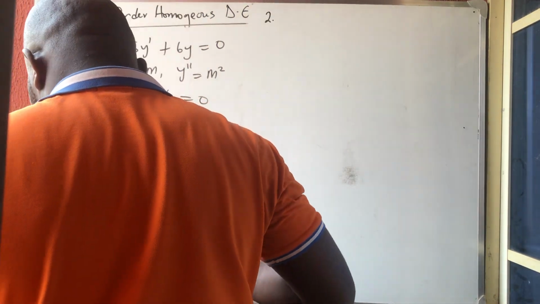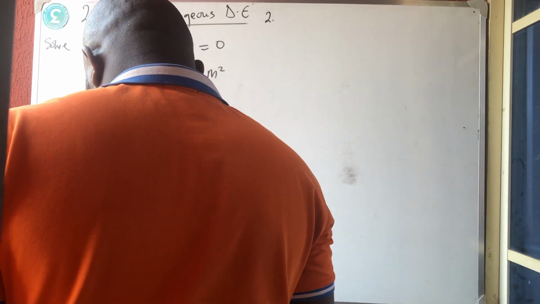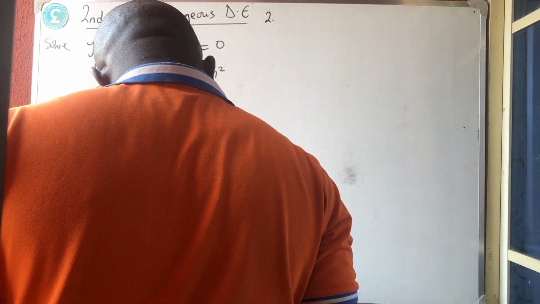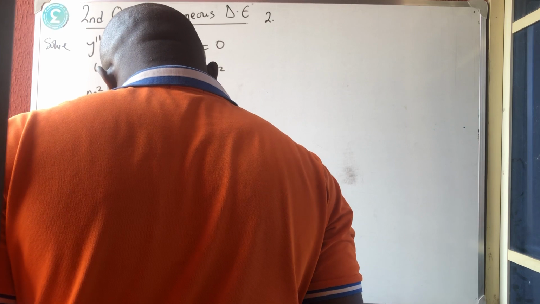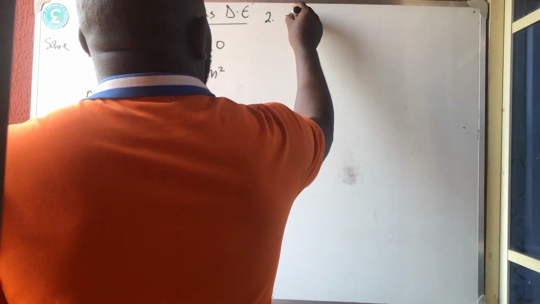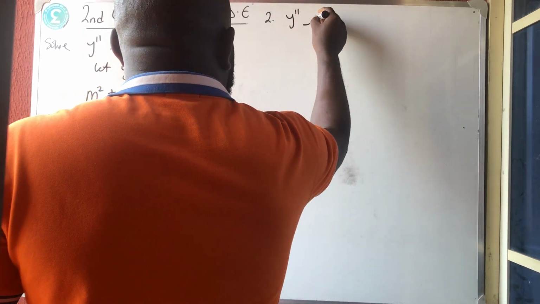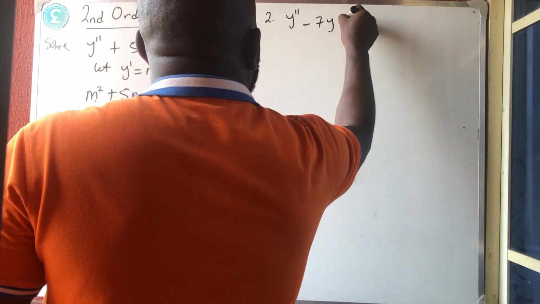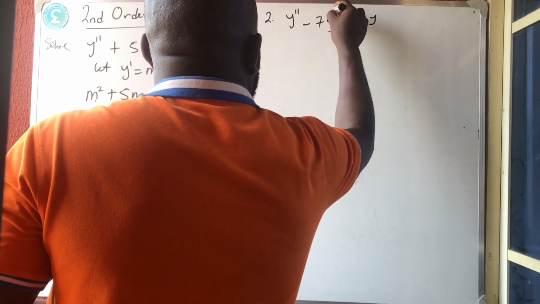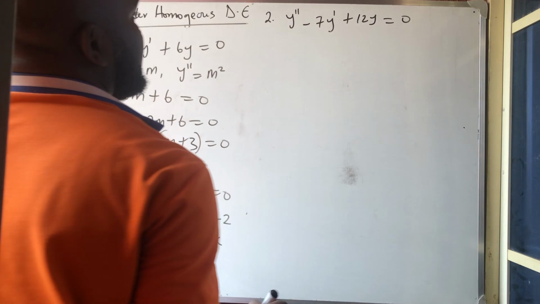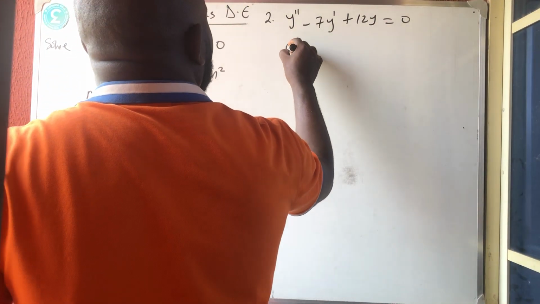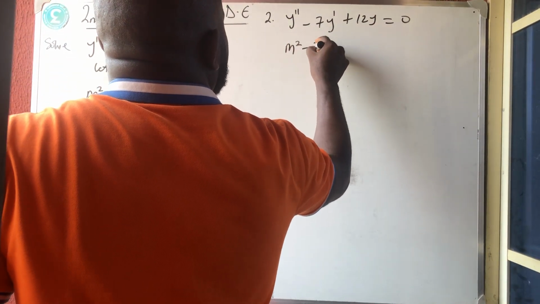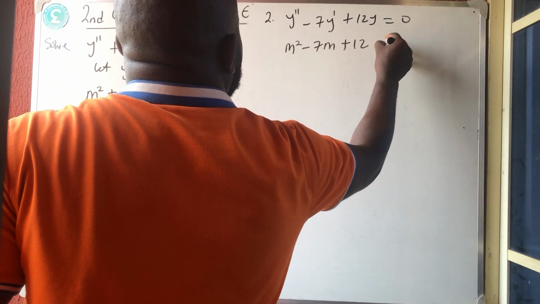Number 2 question said, y prime prime minus 7y prime plus 12y is equal to 0. So I have the same method. This will be m squared minus 7m plus 12 is equal to 0.